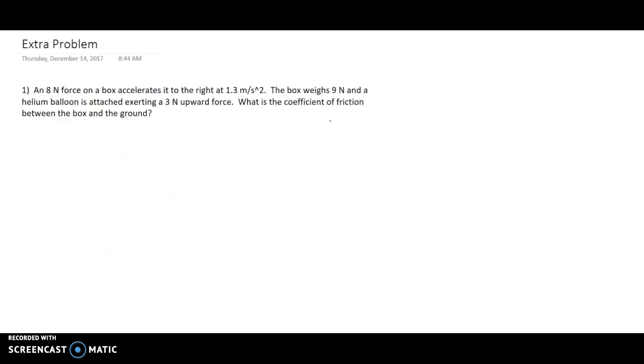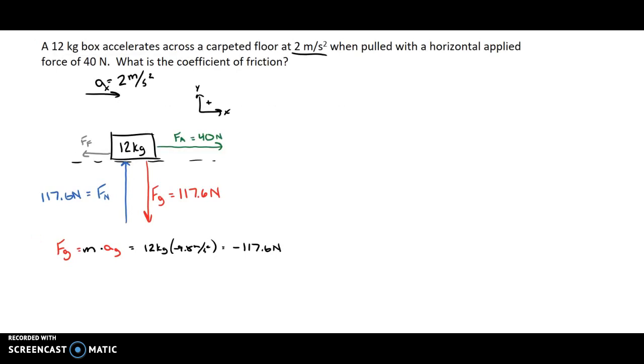We know that Newton's second law says that the sum of all forces equals the mass times the acceleration. In this case, we care about the forces in the x direction because that's the direction of friction that's unknown. The forces that are adding together are friction and the applied force.